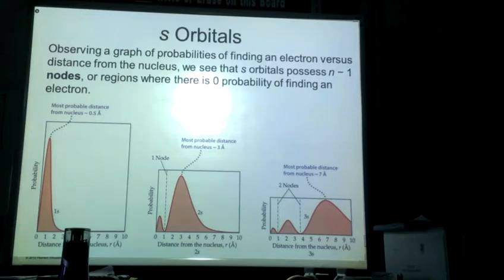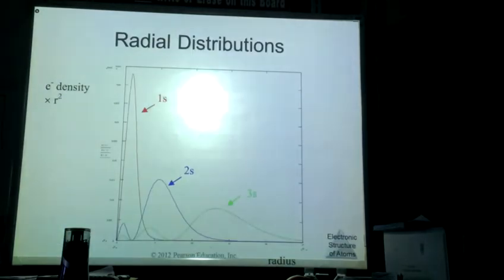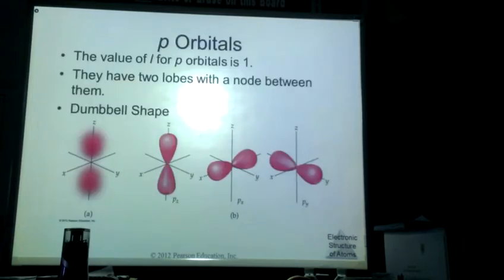Okay, so these are just radial distributions, and it's really nice for us to see. It's just a way for us to chart where we can find an electron based on distance from the nucleus as we continue to add more energy levels, okay? And again, that's called radial distributions. Oh, and it's right here, so look at that. Radial distribution: probability of finding an electron versus the distance that electron is from the nucleus. So I have 1s, 2s, 3s here.